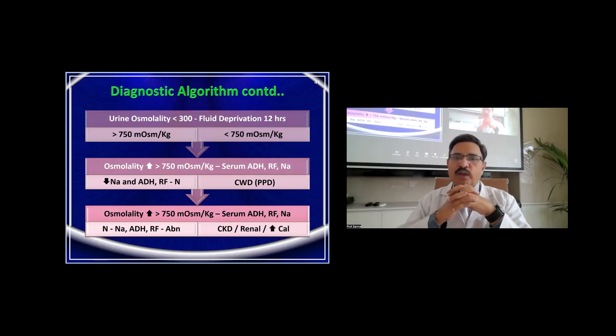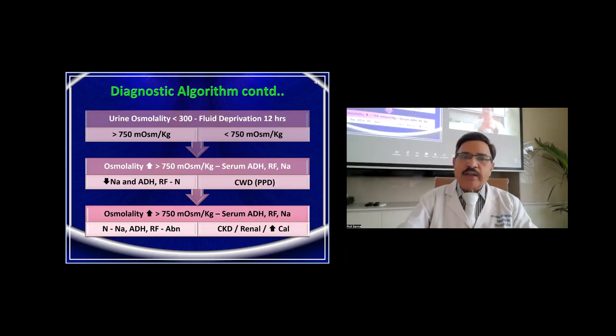How do I separate them? At that stage, I look at 3 parameters: serum sodium, serum ADH, and renal function, that is creatinine, BUN.